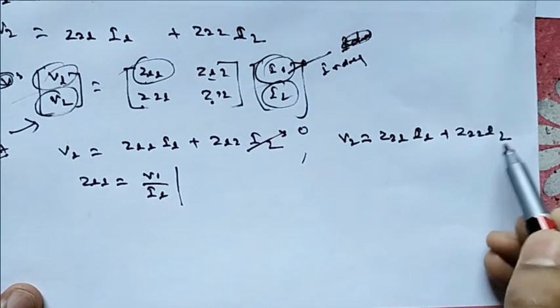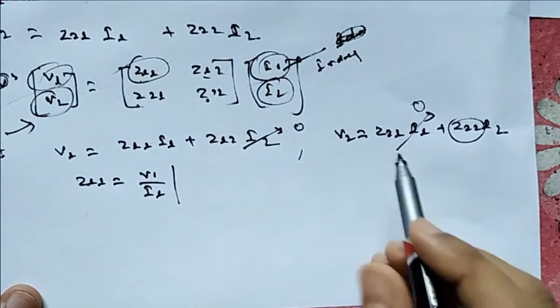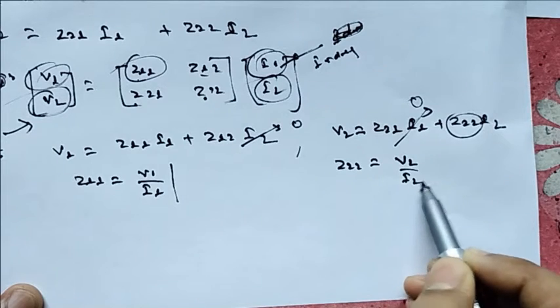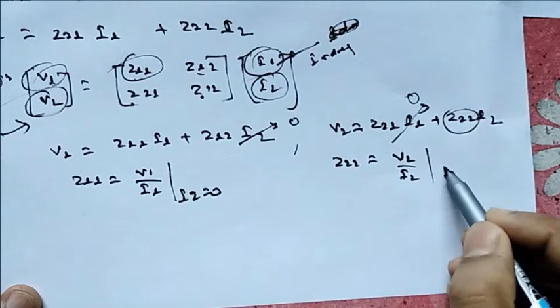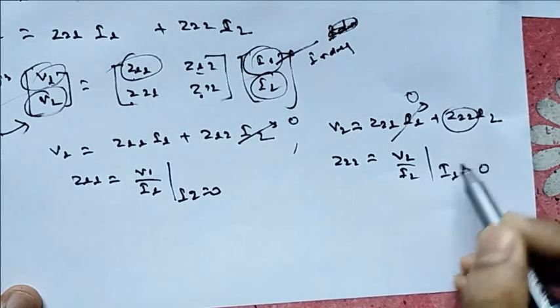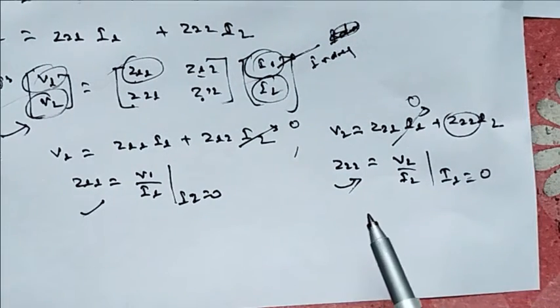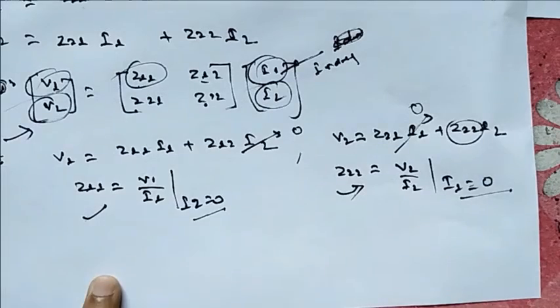If I need to measure Z22, I will make I1 0, then Z22 will be V2 by I2, keeping I1 equal to 0. For measuring Z11 and Z22, we see that one terminal is open, that is why it is called open circuit parameter.